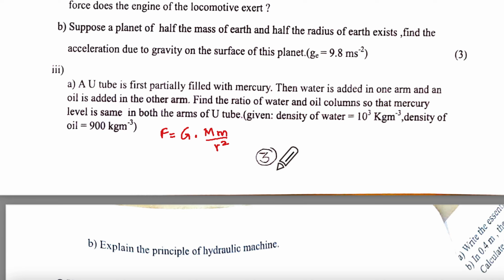Okay. So, you are going to have case 1 and case 2. So, this will be for the Earth and this will be for the planet. Half the mass of the Earth. So capital M1, and how do I write half the radius of the Earth?